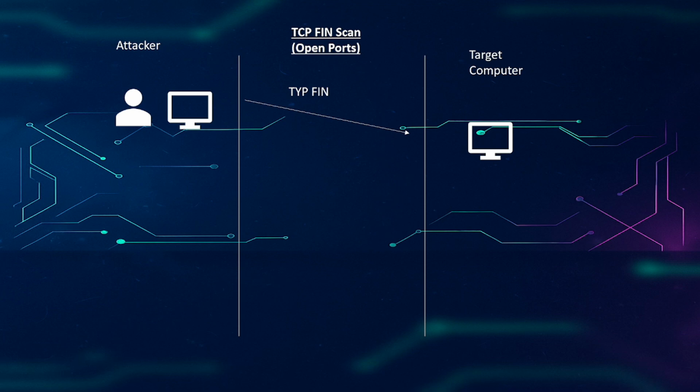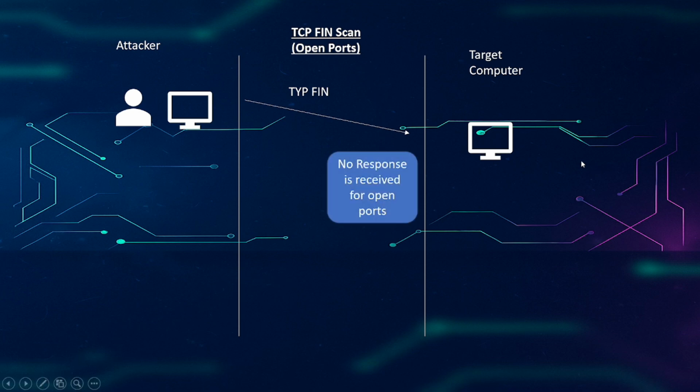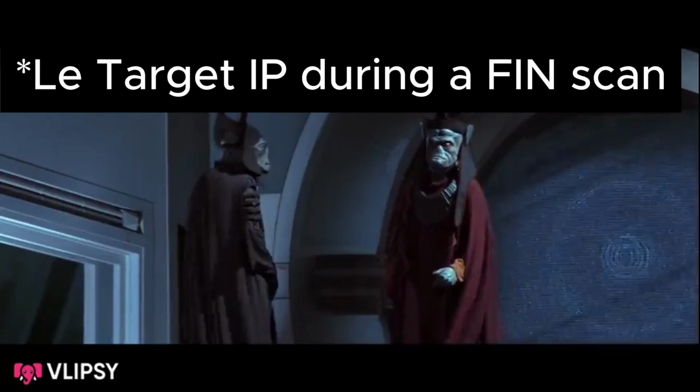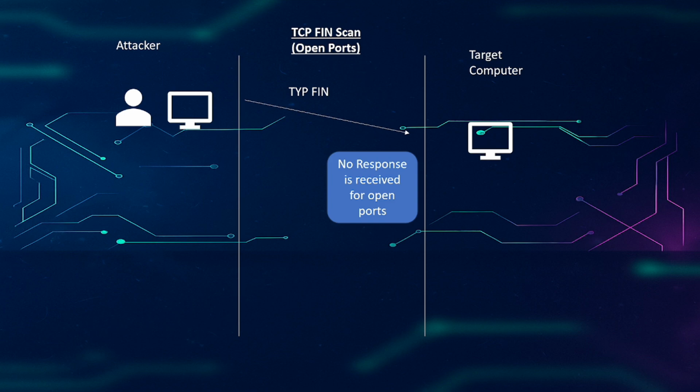And if the ports are open, the target computer will not give any response, because the target computer is actually confused as to how it needs to react. The ports are confused as to how they need to react, so there will be no response given.